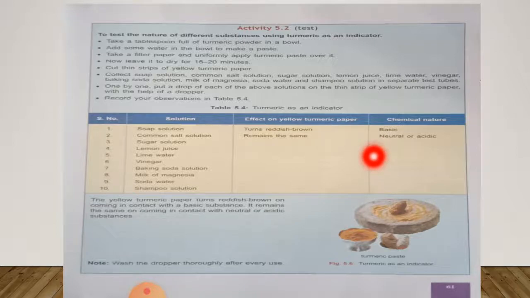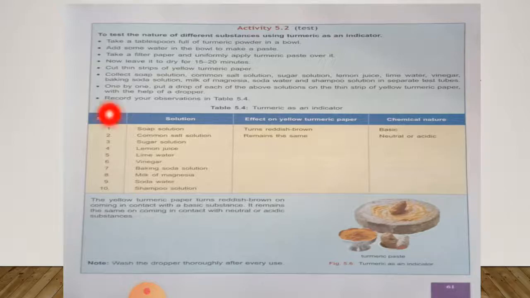This is a neutral solution, and because of it, yellow turmeric paper remains the same. Because we all know that turmeric paper remains yellow with acidic and neutral solutions, and with basic solution it turns reddish brown.